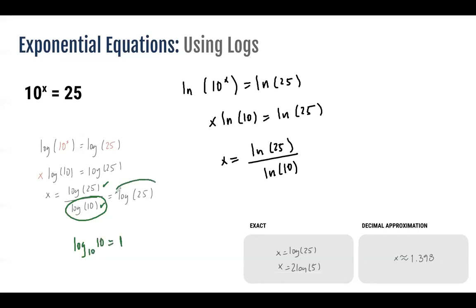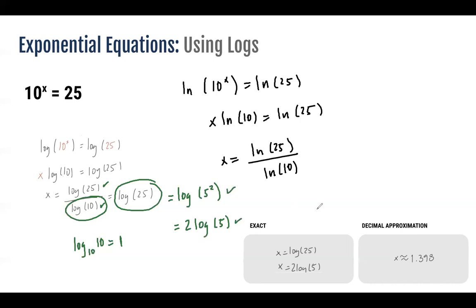So the final answer will be the common logarithm of 25. And even if you want to go a bit further, you could rewrite this as the common logarithm of 5 squared, and then we can bring down that exponent and have it as 2 times the common logarithm of 5. That's just getting a little fancy for the exact answer.